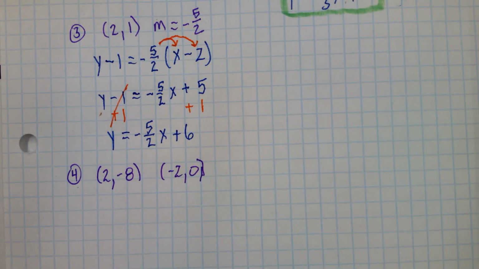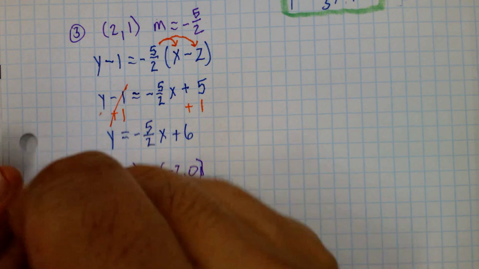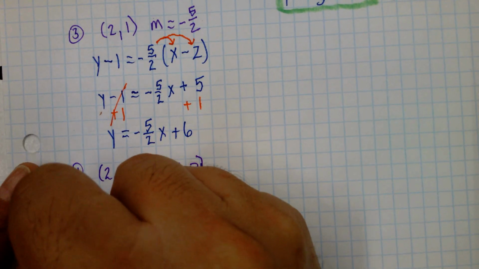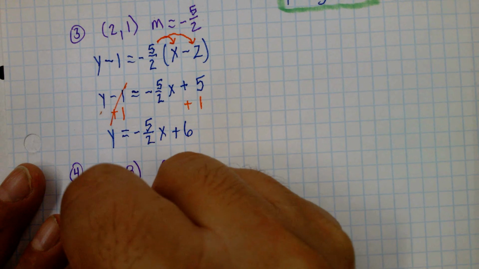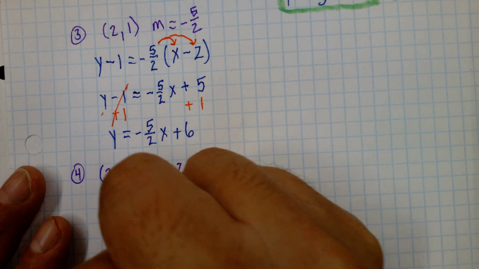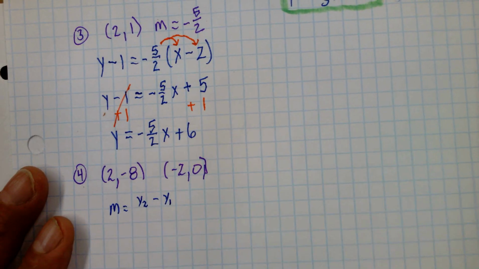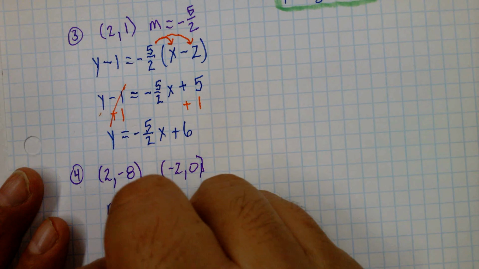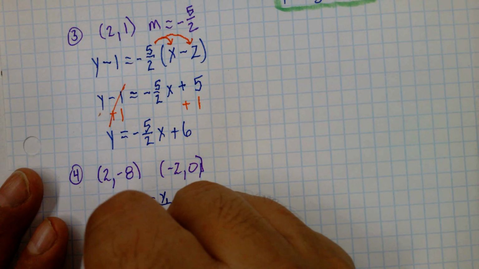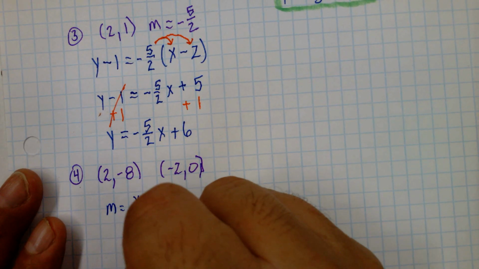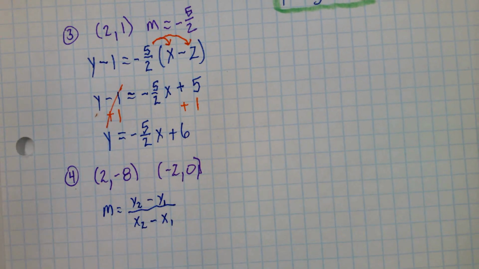And you have options. What's the first thing we're going to need that we don't have? A slope. So we can use the slope formula. That's fine. Let me remind you what the slope formula is. Y2 take away Y1, the difference in Y's, over X2 minus X1.